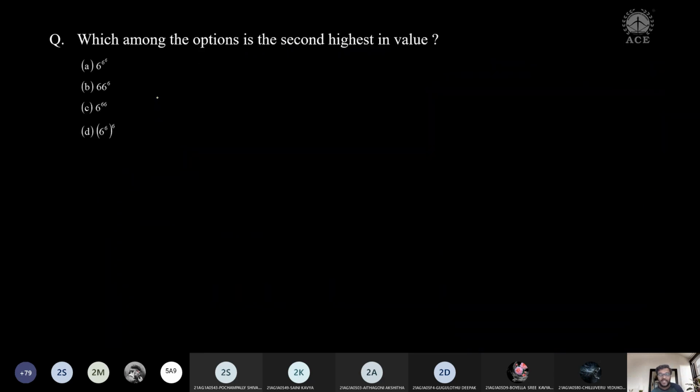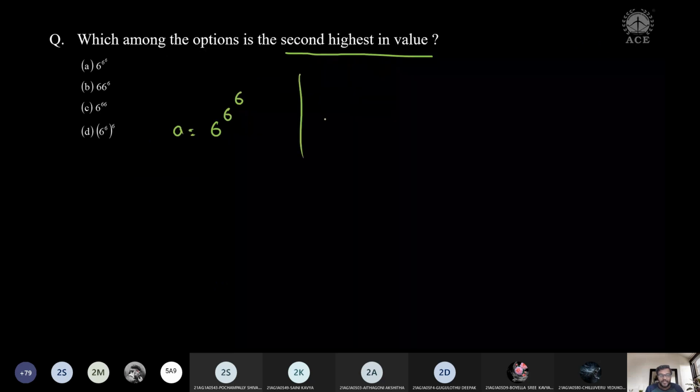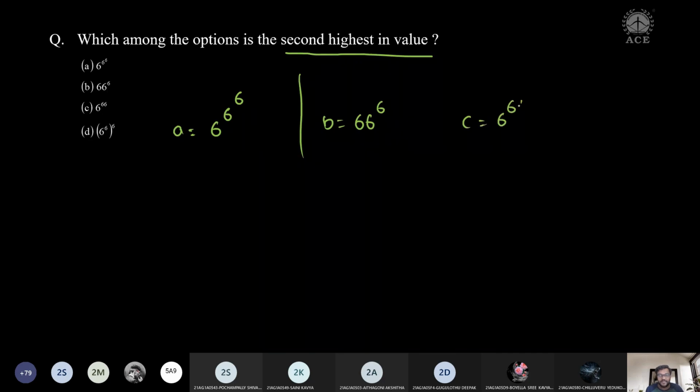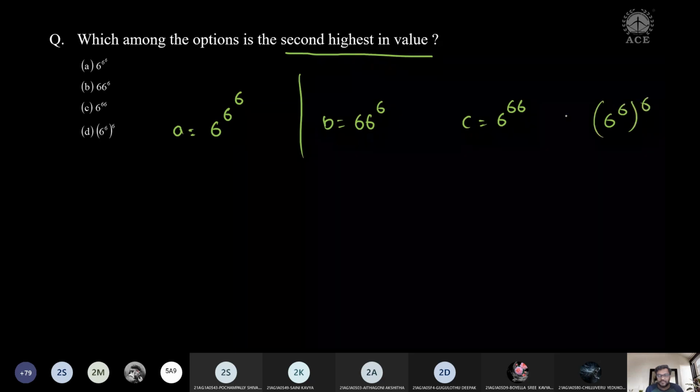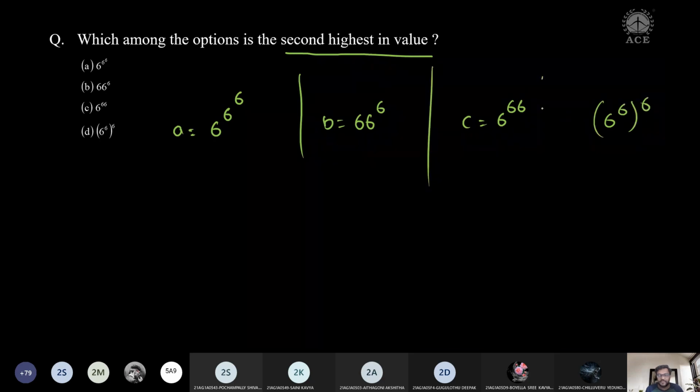Second highest they're asking. Now 6 power 6 power 6, 6 power 6 power 6, 6 power 6 power 6, 6 power 6 whole power 6. This is nothing but 6 power 36.